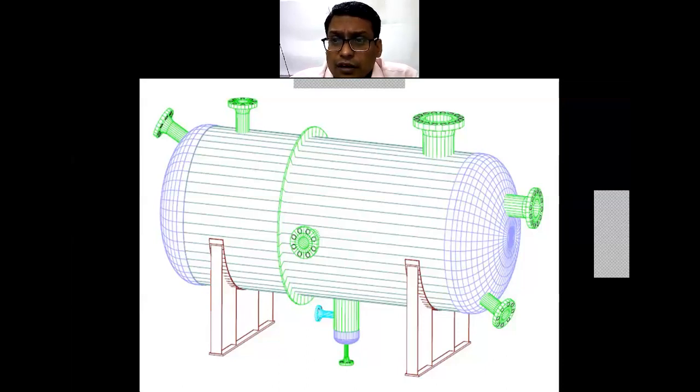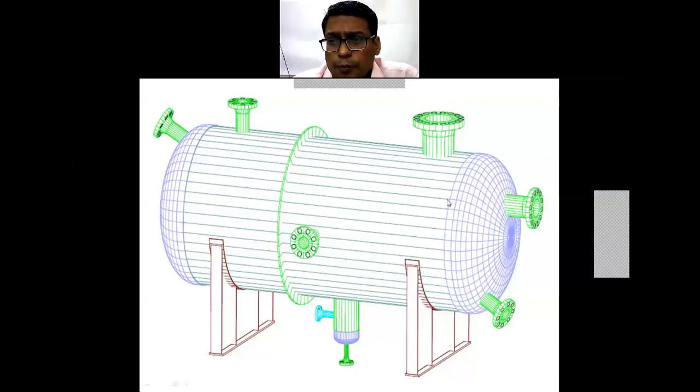So you can do it in AutoCAD or ANSYS in case of your fluid flow analysis, that is computational fluid dynamics. The nozzles that are shown in that, the flanges that are shown, so the different vessels.